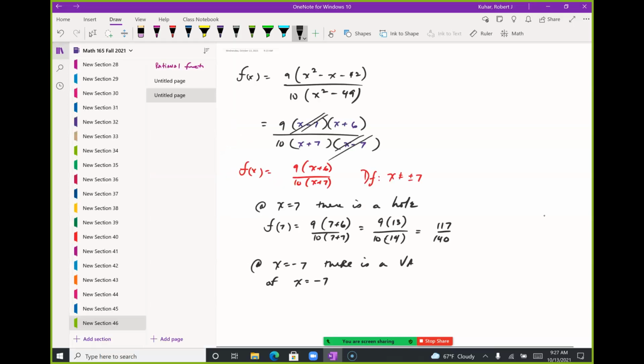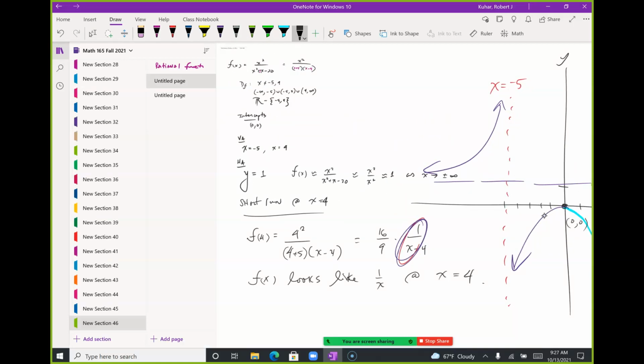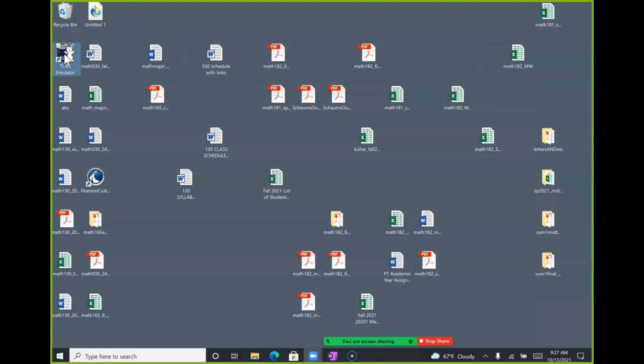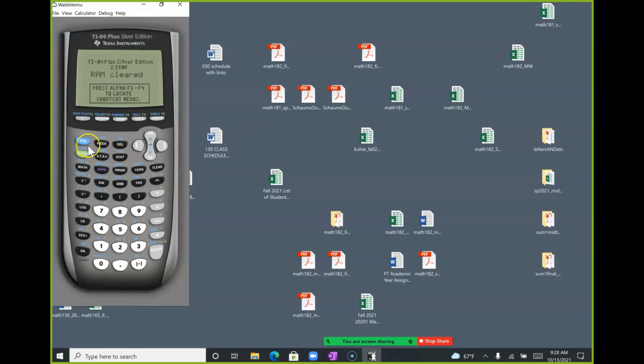Going back one problem for Grace, let's go into the calculator and graph this. I want to graph y equals x squared divided by x squared plus x minus 20. I'm using my standard form and wrapping multi-terms. I'm going to use my TI-84. Grace, don't let me go too fast.